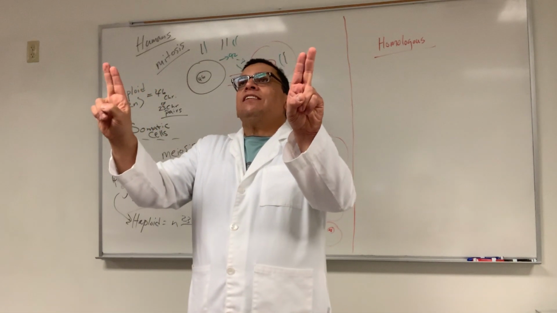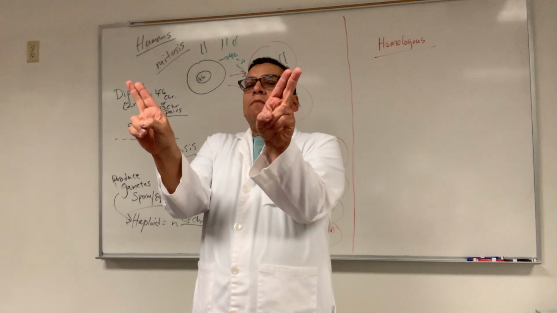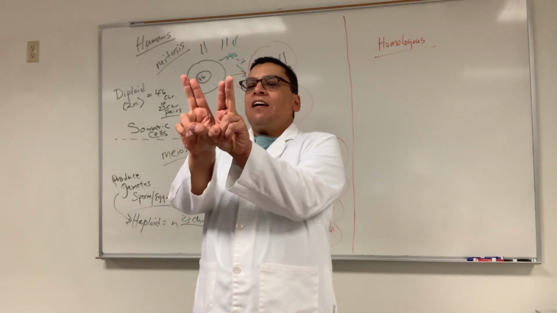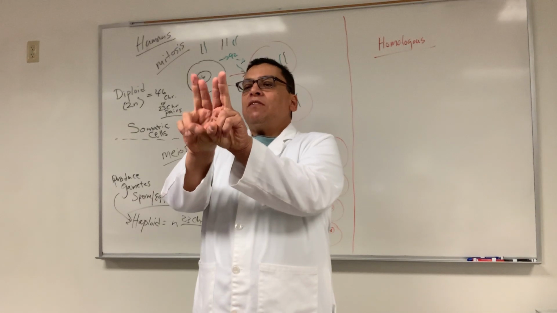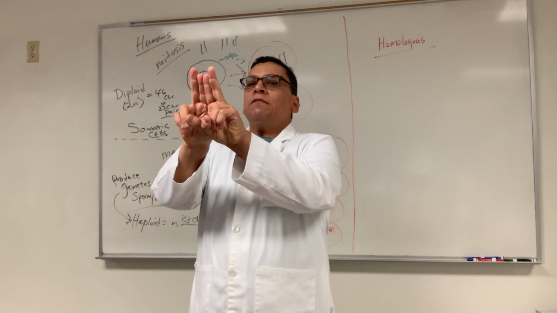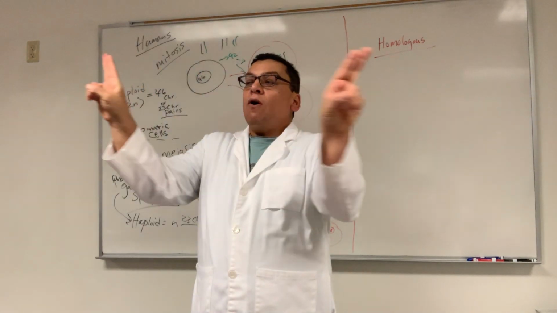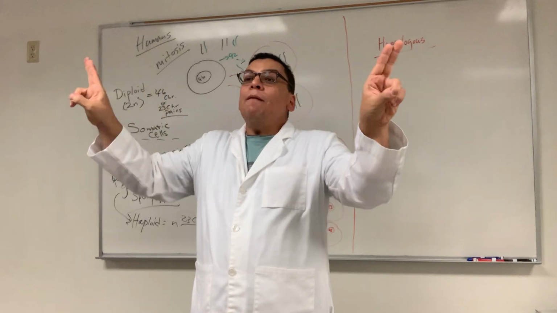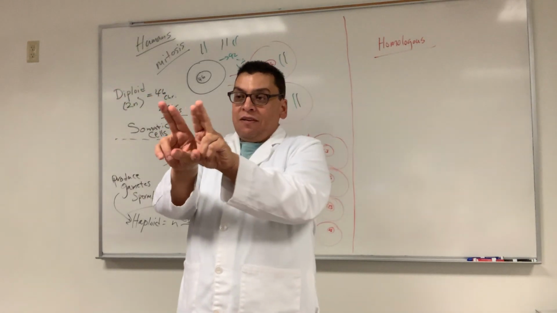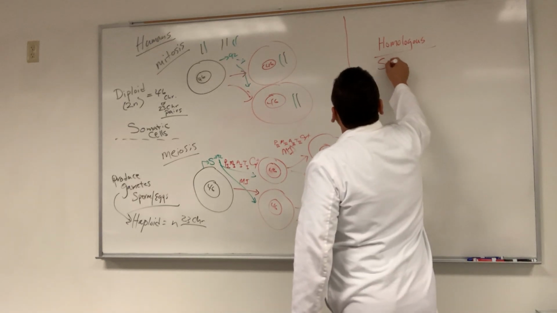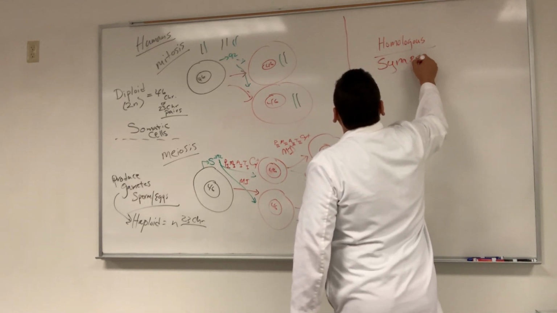Watch this. The 2 homologous chromosomes will synapse. Watch please, look up here. They will synapse. They will do this. It's like Velcro. Watch. Velcro. There we go. So this is synapsing. They come together. Synapse. So they're going to do synapses.